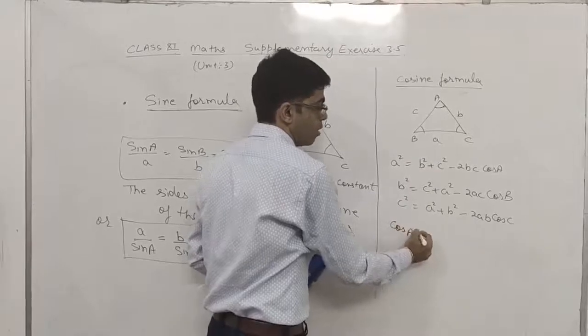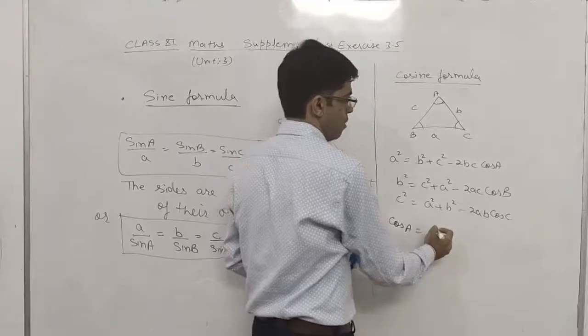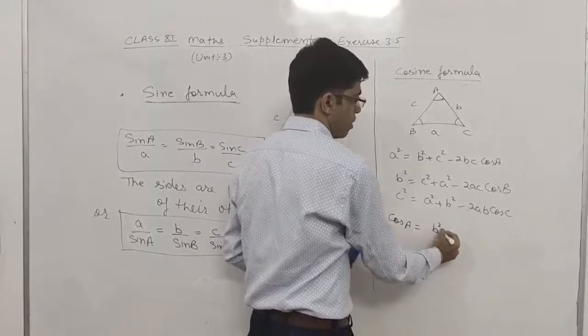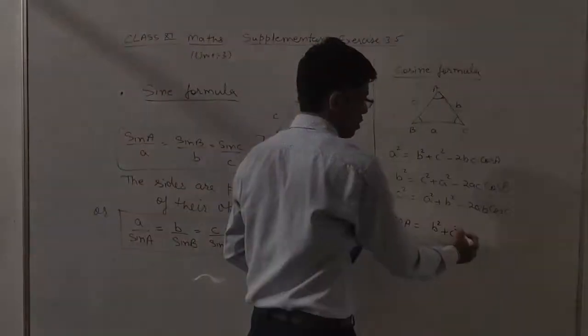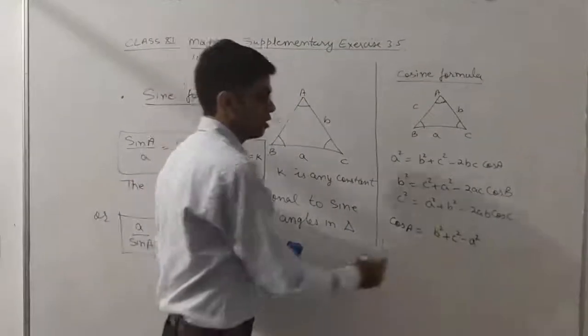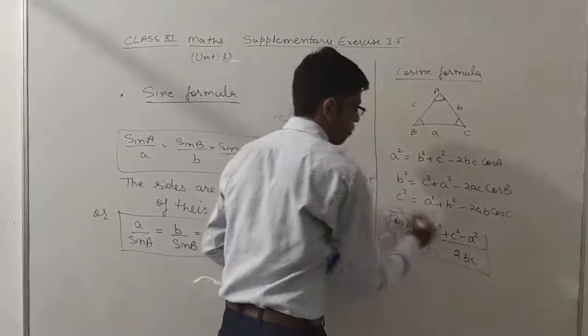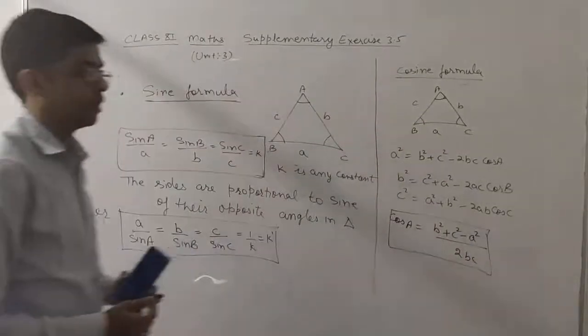Cos A will be b square plus c square minus a square upon 2bc. This is the formula of cos A.